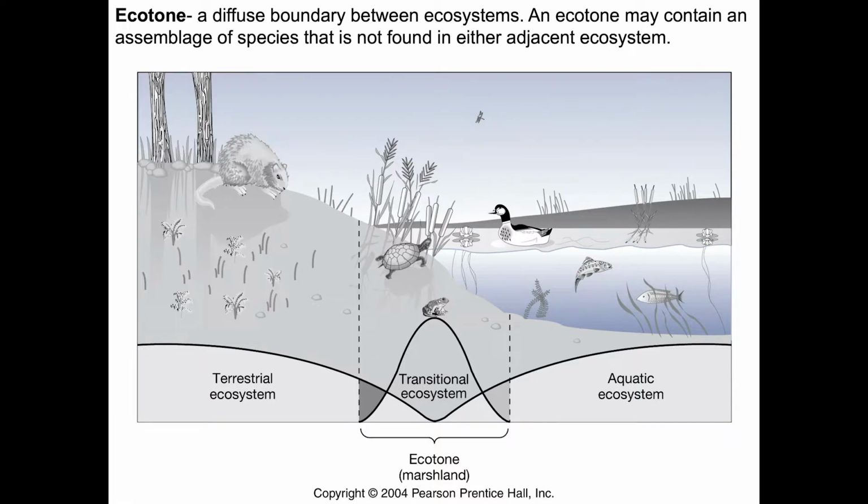So what this means is the transitional ecosystem may have species that are not common in either of these adjacent ecosystems. This tiny band around this pond is going to be very different from the pond itself or the terrestrial ecosystem that are nearby, certainly within walking distance, very short walking distance. Well, it's less than the width of a basketball court.